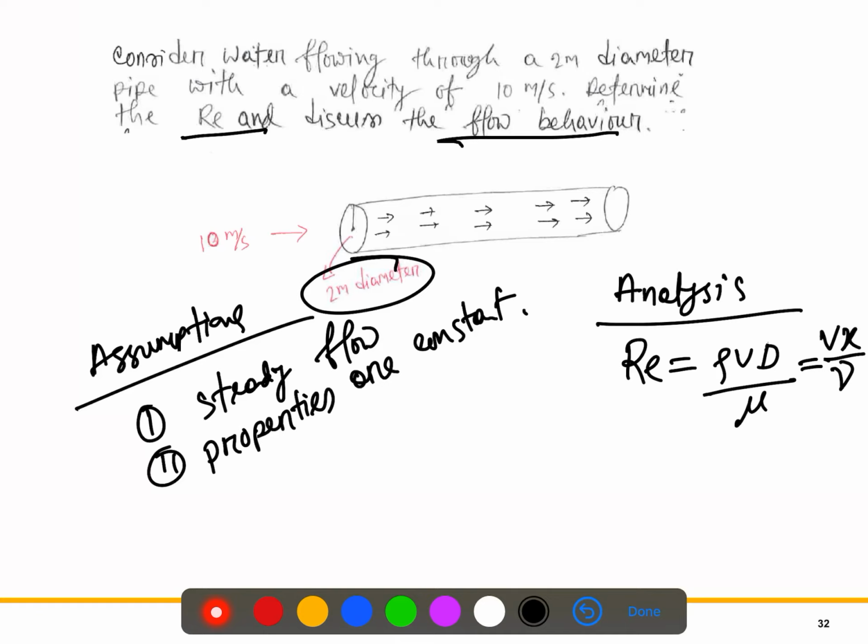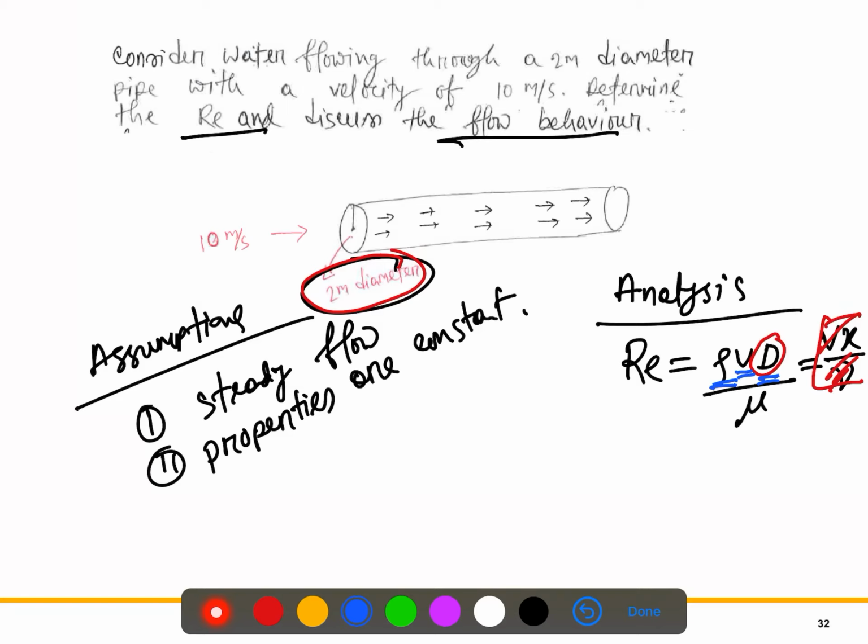As we know the diameter here, because this is a circular pipe, we do not need this, so forget about this definition. What we need from this formula is the density. We have the diameter, we have the velocity.